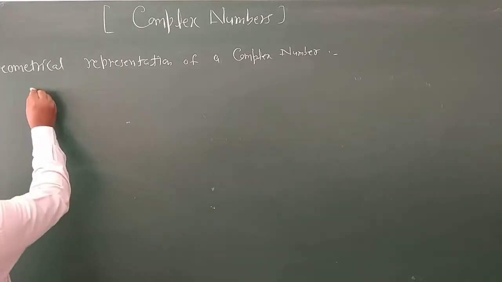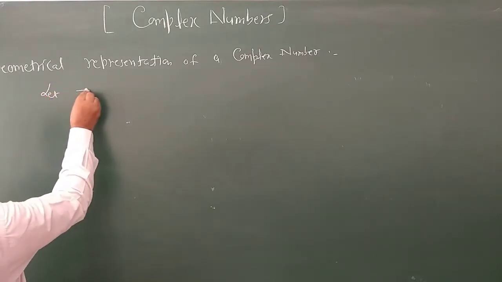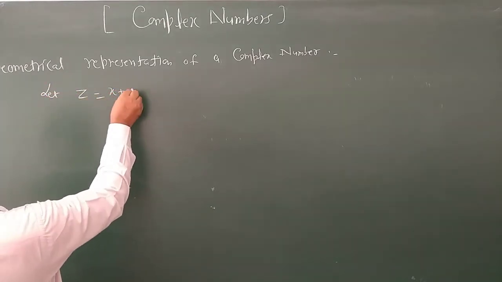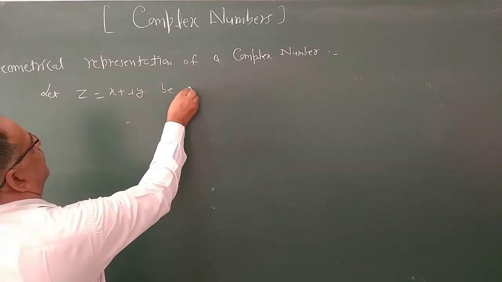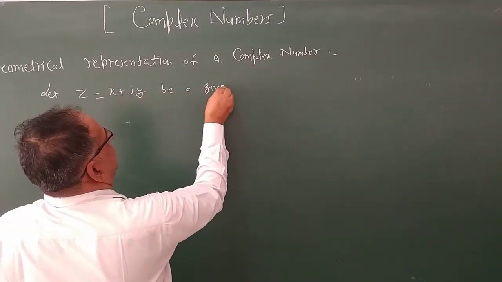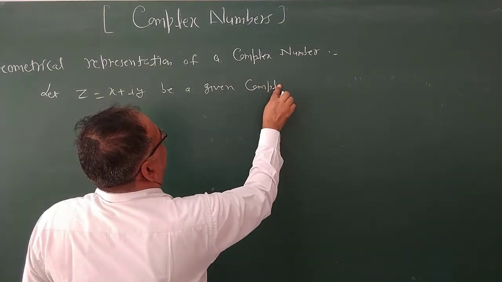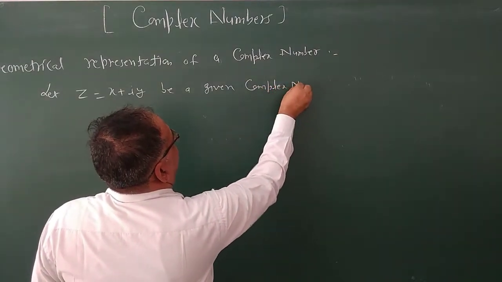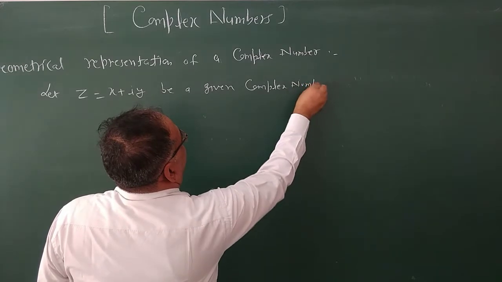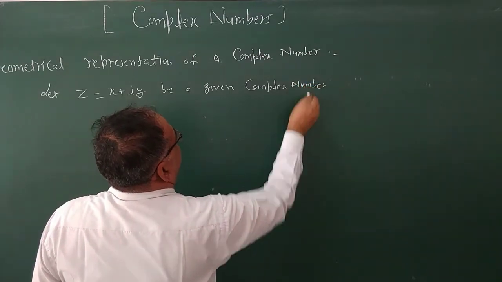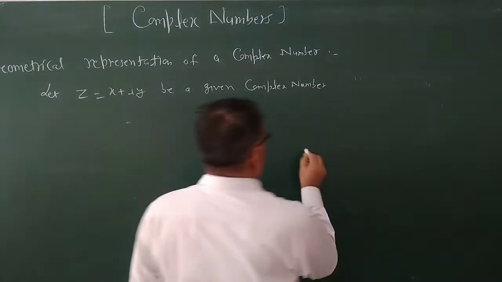So let z equal to x plus iota y be a given complex number, and we want to represent this number geometrically.